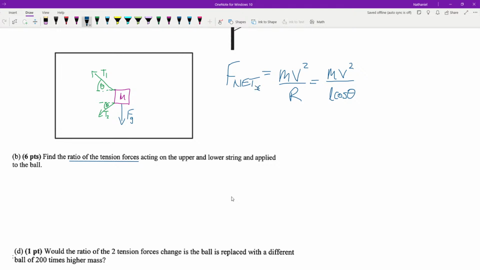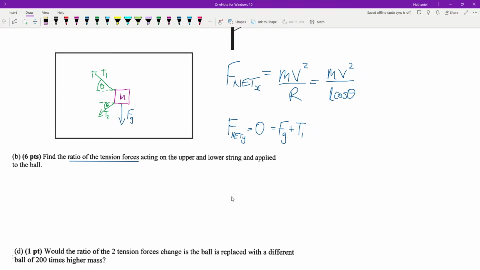So this is X, because this thing is moving in a horizontal circular motion. So F-net Y is 0, which means, you know, FG plus T1Y plus T2Y is equal to 0. But that doesn't really account for the positives and negatives. So let's do that ourselves.